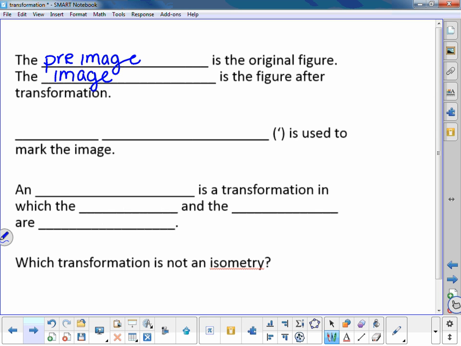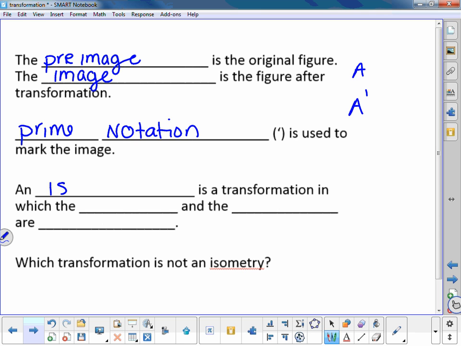Now, when we talk about this image, after you flip it or rotate it or reflect it, we use prime notation. So it's going to have a little mark beside it. So if the pre-image is A, the new image is A prime. Okay?